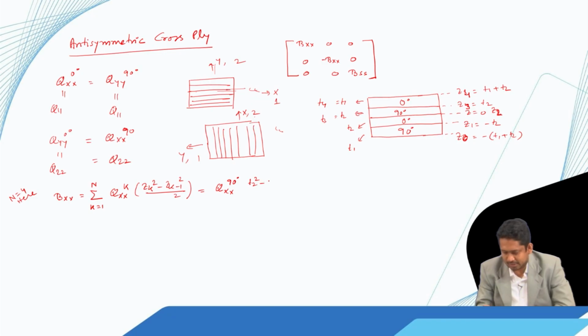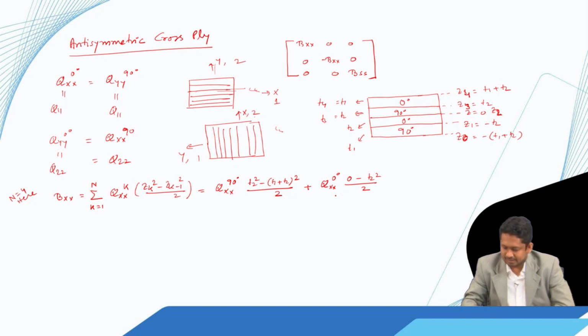So, we have t2 square minus t1 plus t2 whole square divided by 2, plus we have Qxx of a 0 degree layer multiplied by 0 minus t2 square by 2, and then plus Qxx of the 90 degree layer multiplied by t2 square minus 0 by 2, and then we have Qxx of a 0 degree layer multiplied by t1 plus t2 whole square minus t2 square divided by 2.